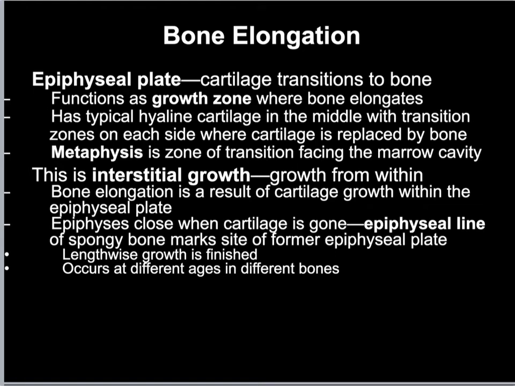Bone elongation happens mostly in the long bones. You have your epiphyseal plate. This is what the metaphysis becomes. This is a hyaline cartilage area between the diaphysis and the epiphysis. And this is going to be the growth zone where the bone will elongate from.